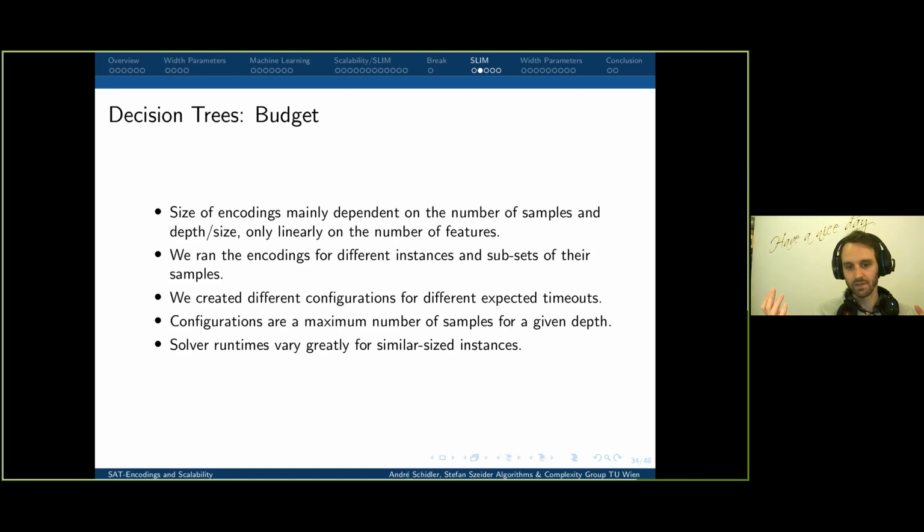But even among similar sized instances, solver runtimes vary greatly. So it works, but I think it's a good point to look for improvements, because if you can pinpoint this more precisely, then you will decrease the number of solver runs that give you no improvement, which is a bit of a problem.